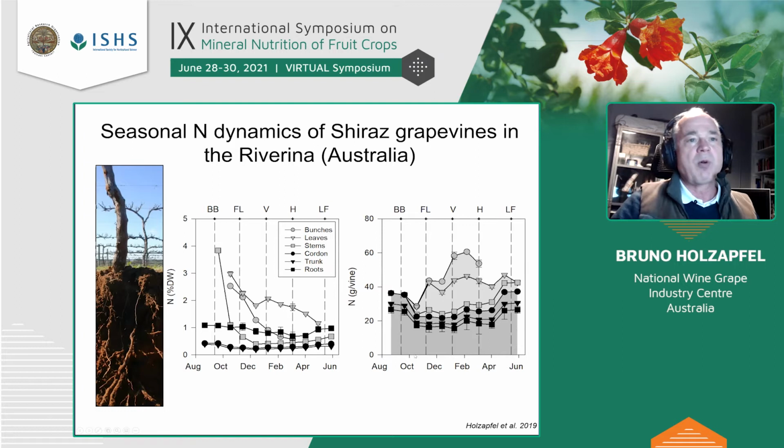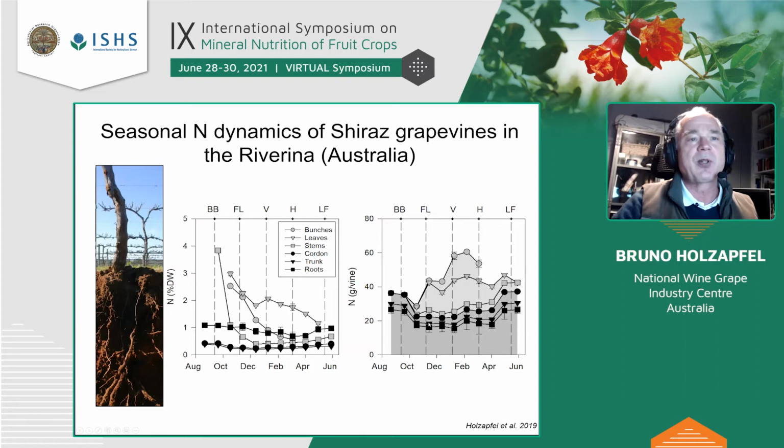And it's even more substantial when you look at the total amounts, what is in the grapevine. At the start of the season, it might be, in this case for Shiraz vines, 35 grams or close to 40, and then the peak is reached at harvest because there is a lot of nitrogen in the annual, in the new growth and the crop. A lot of that does not come from uptake, as indicated earlier; it comes from the perennial structure.